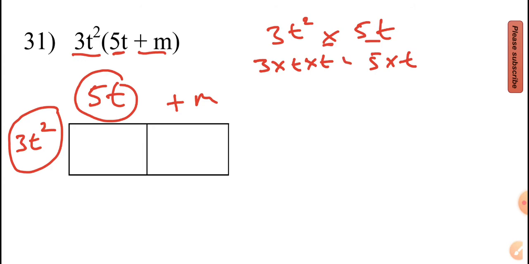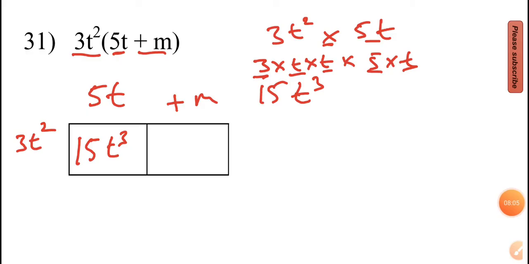Because there's times there, just copy the times sign down, and because they're all multiplying, we can multiply them in any order. So 3 times 5 is 15, and then we've got 1, 2, 3, so it's t to the power of 3. So we've got 15t cubed, so that comes here, 15t cubed.